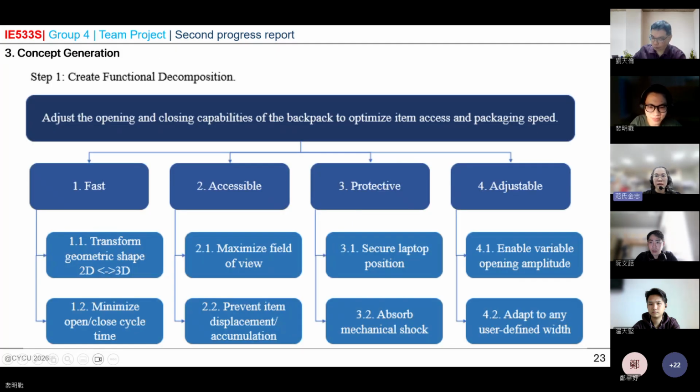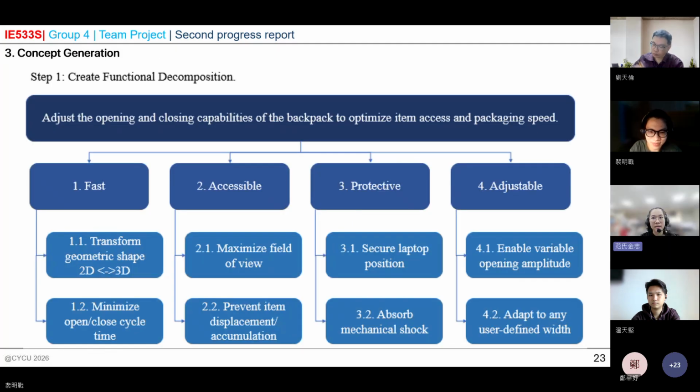After we set the target specifications, we continue to the concept generation. The first step is to create the functional decomposition. The first is to adjust the opening and closing capacity of the pack part to optimize item access and packaging speed.